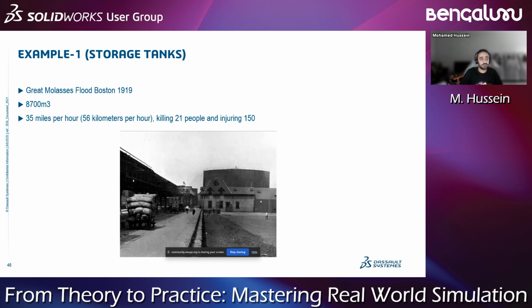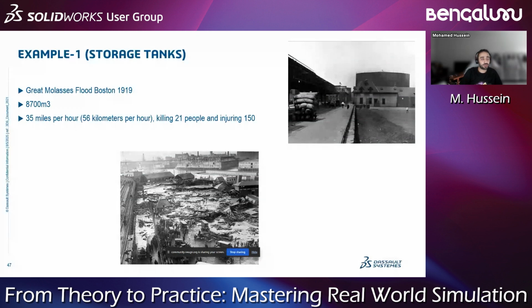There was a tank, developed at that time, 1919, with very poor quality control. There was some leakage from this tank. Due to this leakage, let's imagine what happened. This is the picture of this tank, which held almost 8,000 cubic meters.